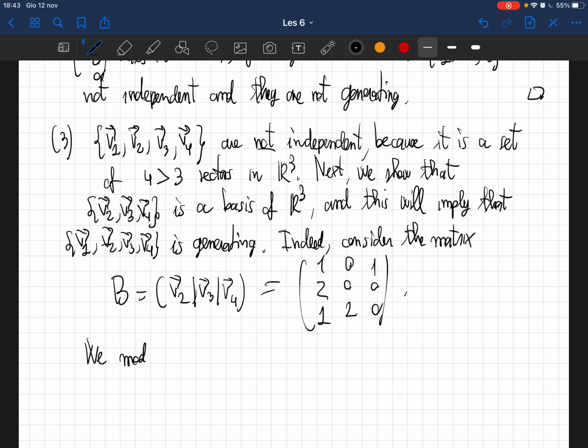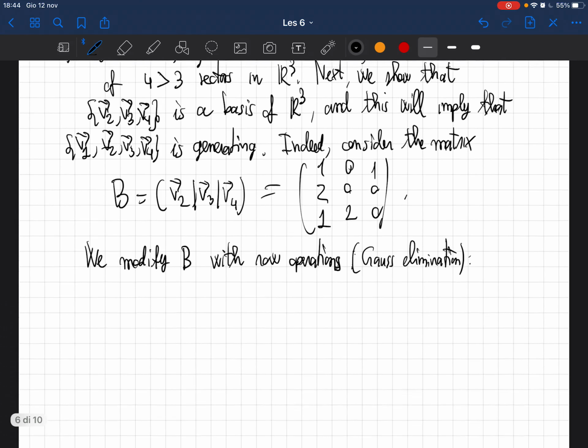We modify B with row operations. If you write row operations, then it's also clear that you're using the Gauss algorithm. If you want to specify it, it's fine.